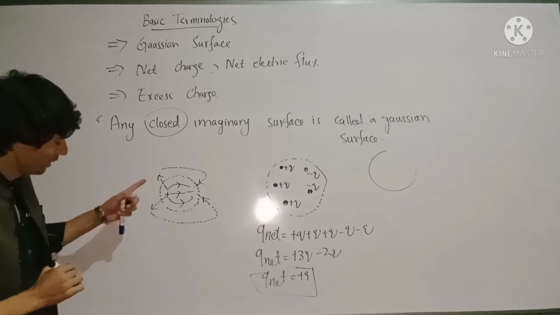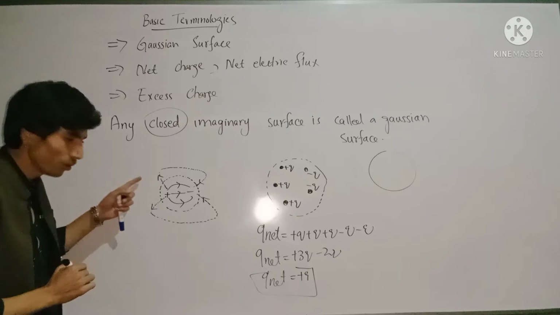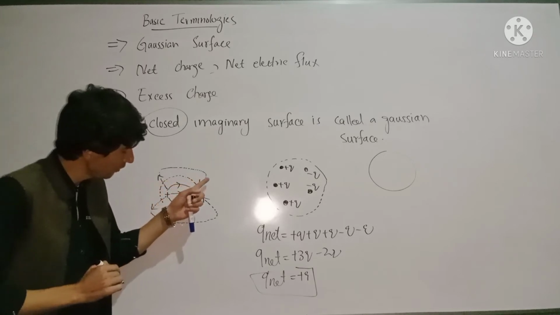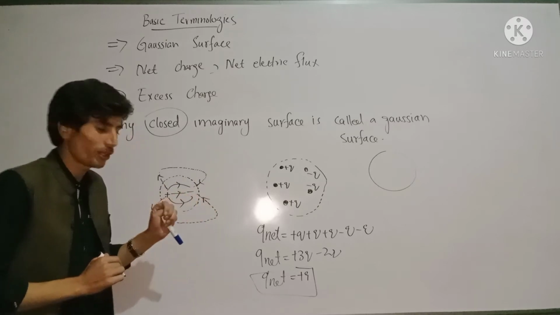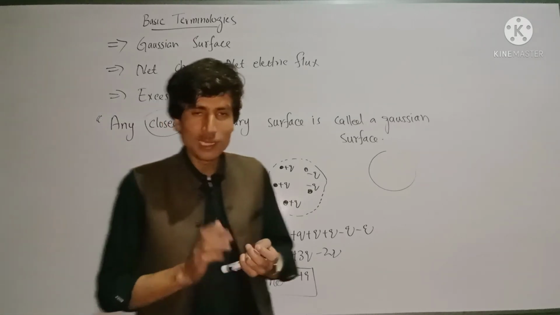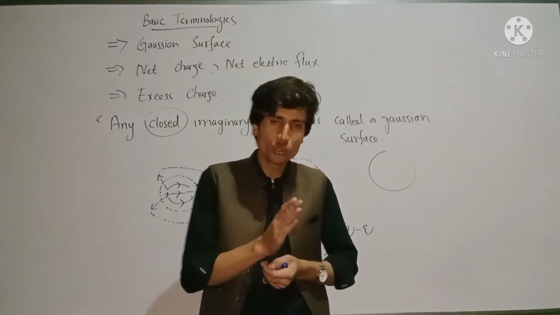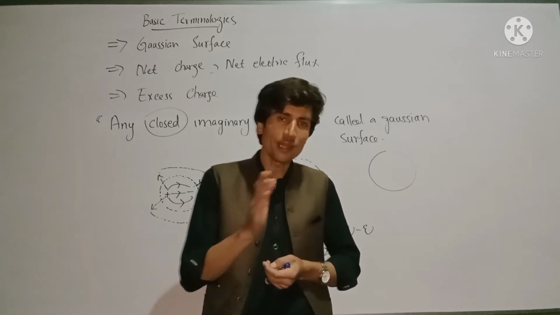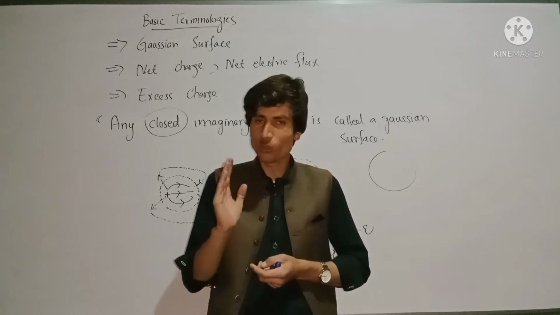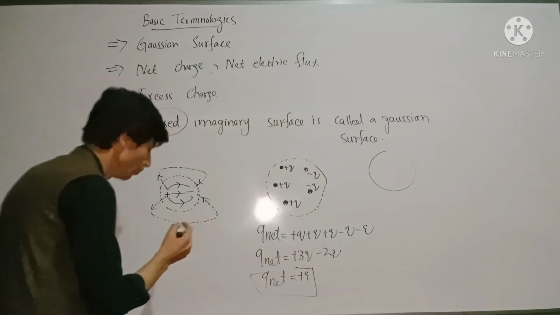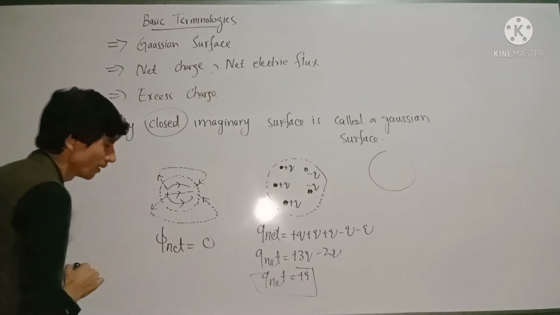So now there are two electric field lines leaving the closed surface, and on this side two electric field lines again entering the closed surface. So the number of electric field lines leaving the closed surface is equal to the number entering the closed surface. It means that the net flux through this closed surface is equal to 0. So in this case the net flux is equal to 0.